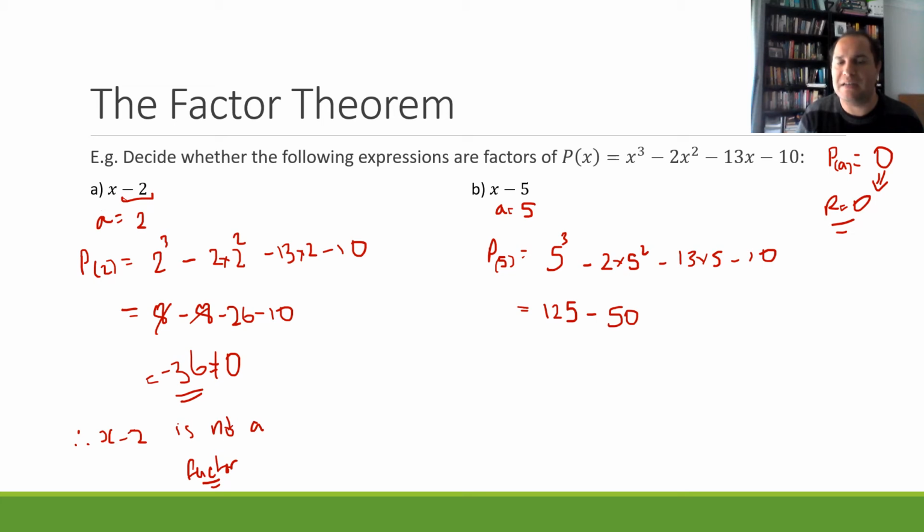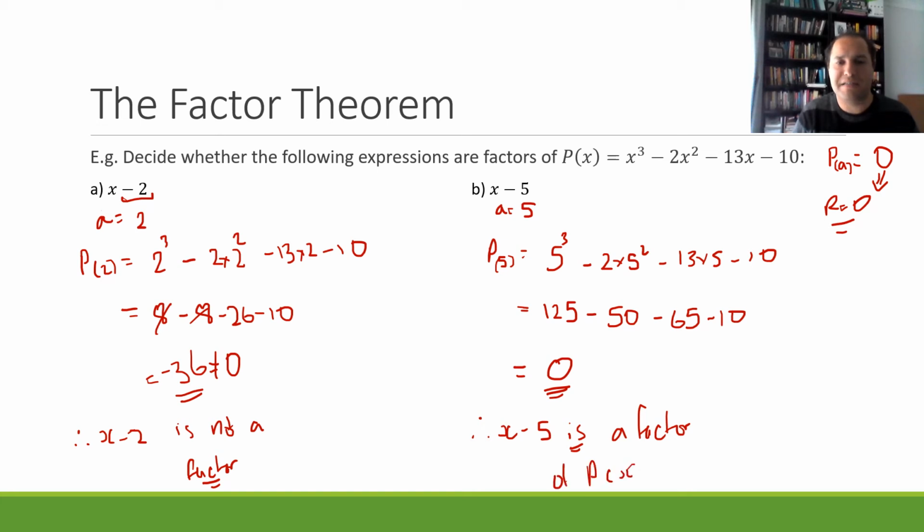Negative 13 times 5 is negative 65, and minus 10. Funnily enough, put all those together, you get 0. So that means when we divide our polynomial by x minus 5, there is a remainder of 0, which means we must have a factor here. So therefore, x minus 5 is a factor of p of x.